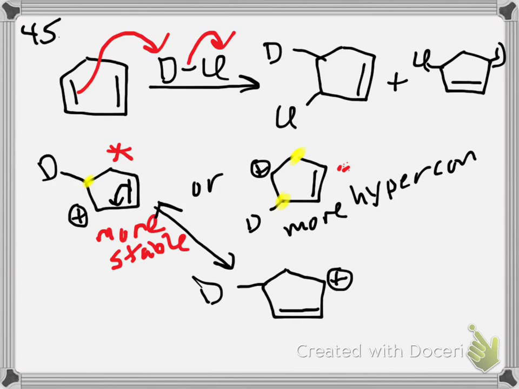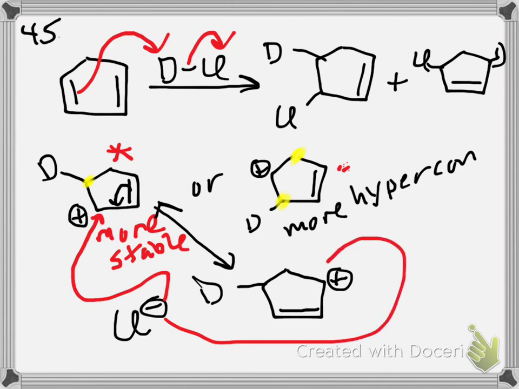By looking at this, you can also see how when I have my new nucleophile, Cl-, that can form a bond to that carbon, or it can form a bond to that carbon, and that accounts for both possible products.